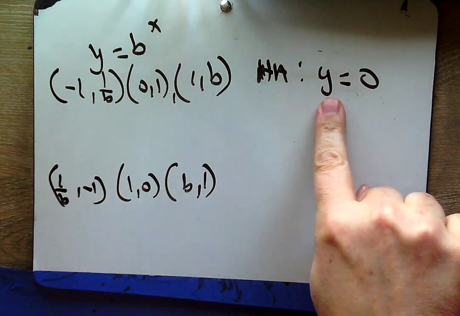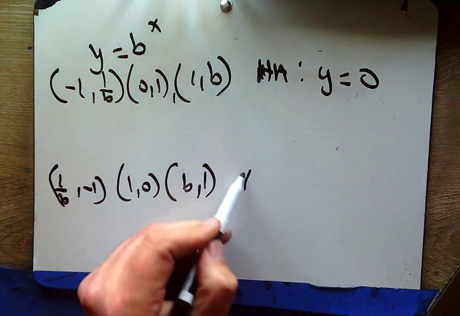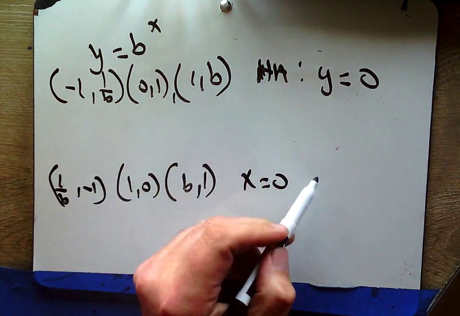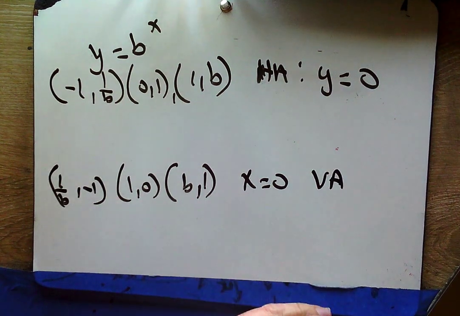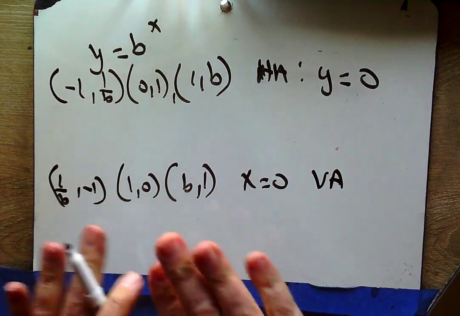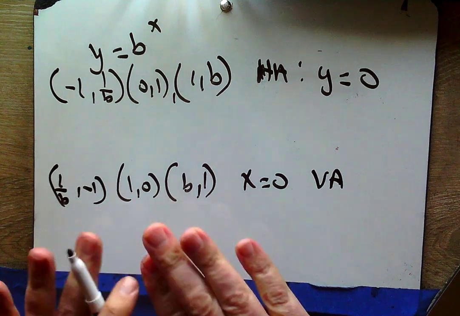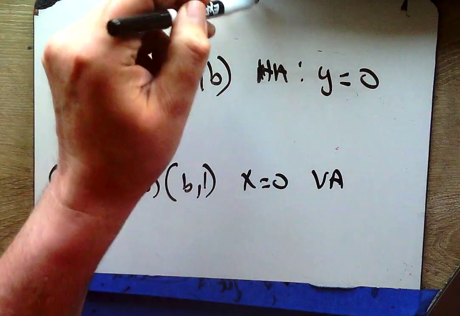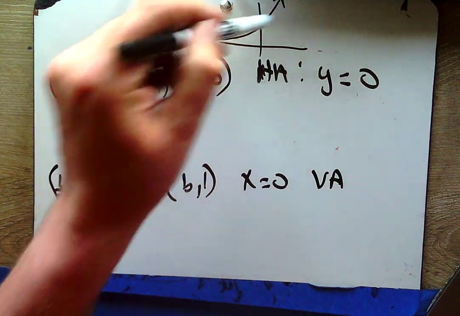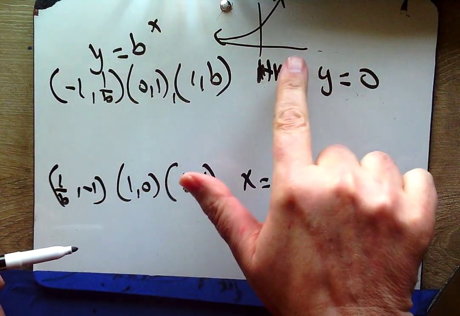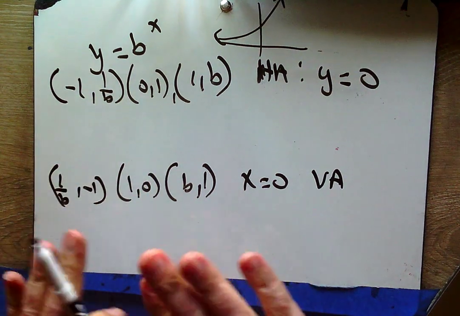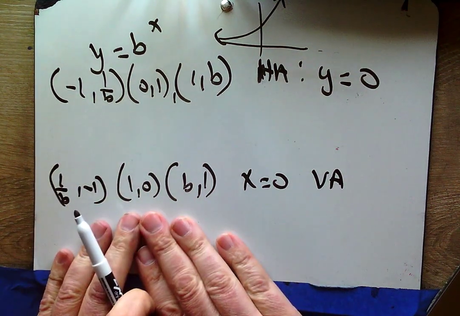Ooh, and because I'm switching x's and y's, this now becomes x equals 0, which is no longer a horizontal asymptote. This is now going to be a vertical asymptote. So this thing is the inverse of this exponential, and I know the exponential has an inverse because it passes the horizontal line test.